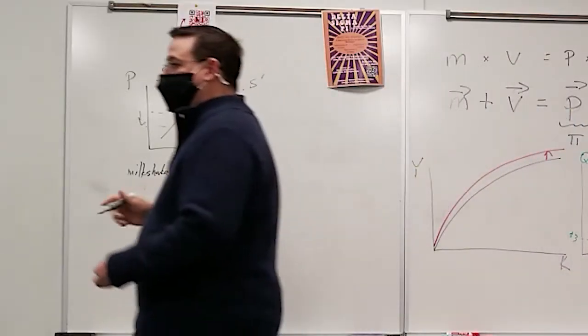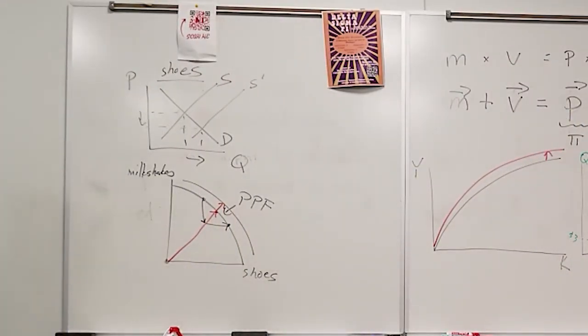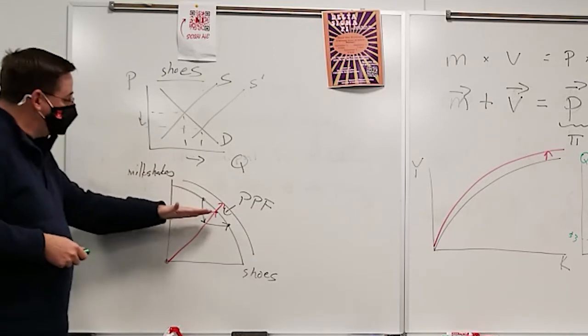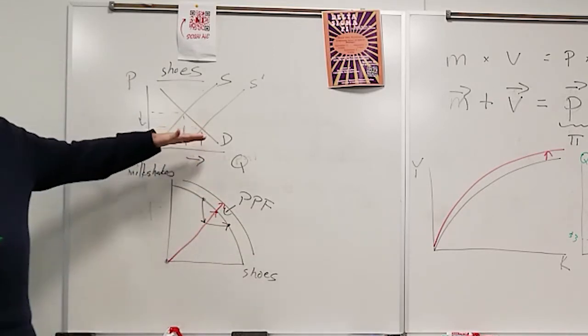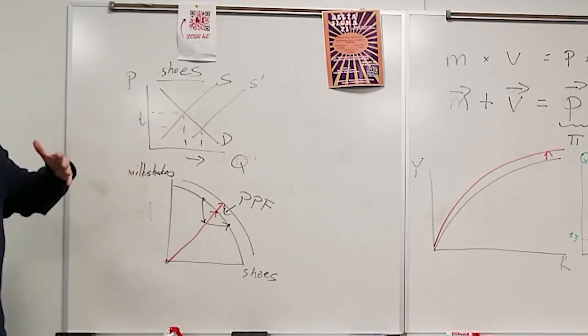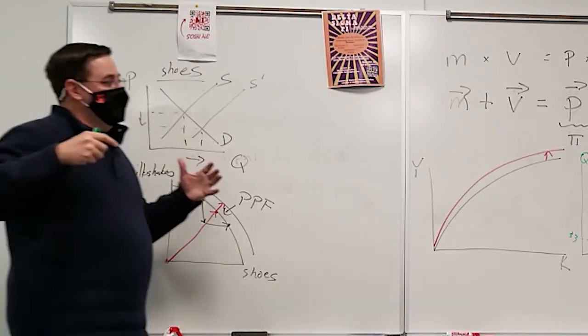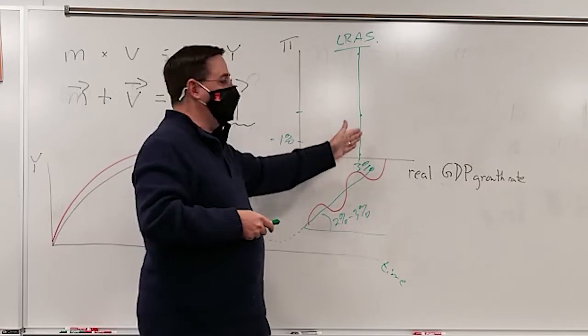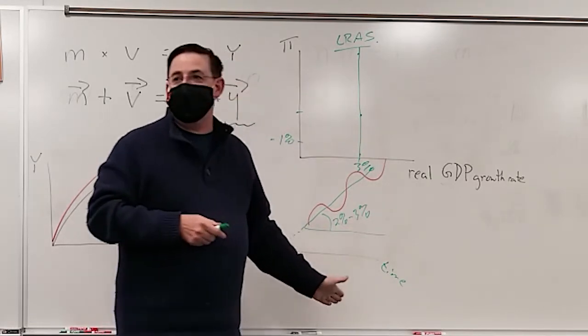Here I have a supply curve for one thing, for shoes. But it's related to the market for milkshakes. I have fewer milkshakes and more shoes now. But in terms of all stuff, once we aggregate it all together, it's the same. So my long run aggregate supply curve is perfectly inelastic.